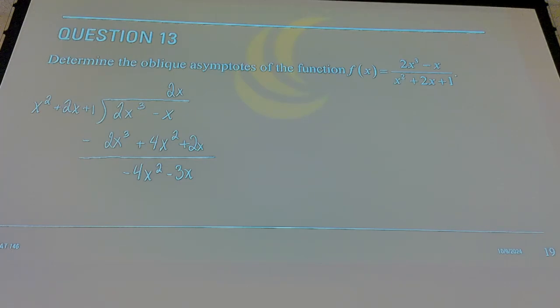What do we have to multiply x squared by? -4. 5x plus 4 is what we're left with. And that means f of x becomes 2x minus 4 plus 5x plus 4 over x squared plus 2x plus 1.